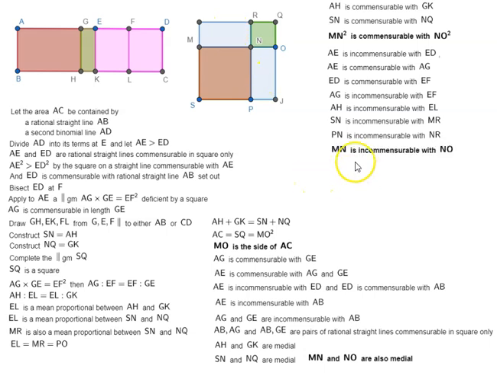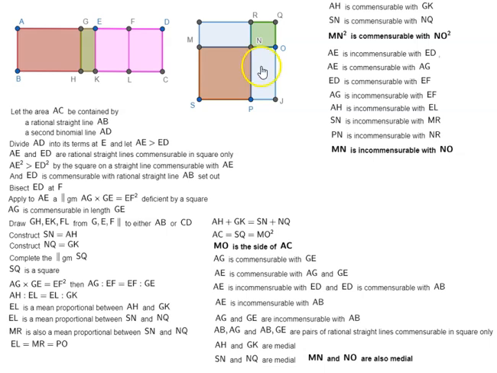So which means MN is incommensurable with NO. Since PN is incommensurable with NR, that means MN is also incommensurable with NO.